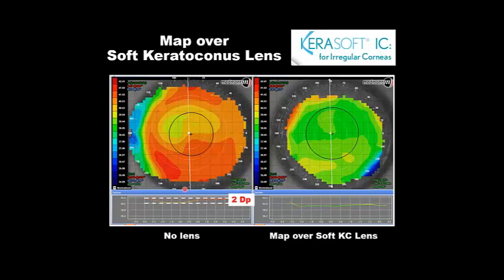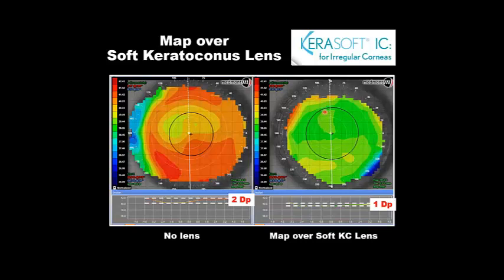If you focus on this white vertical line and look at the powers distributed across the surface, there's a 2 diopter range from flattest to steepest without the contact lens. Then with the contact lens, we really tighten up those powers that run across this vertical meridian.